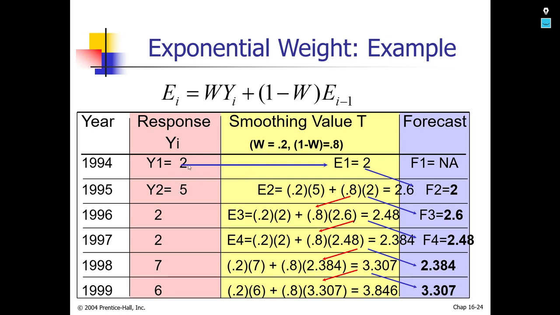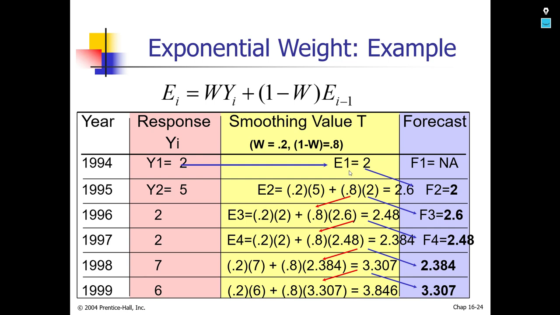So for the first value here, the exponential smoothing or trend value E1 is equal to the first one, 2.